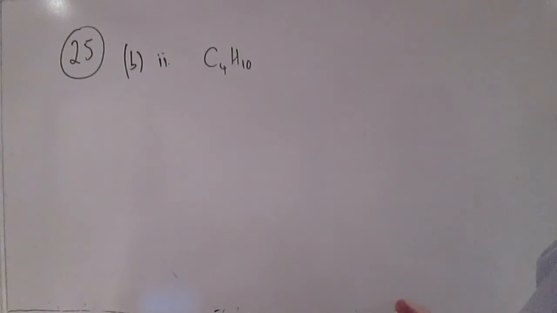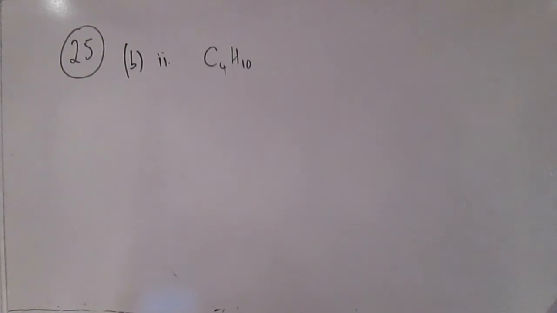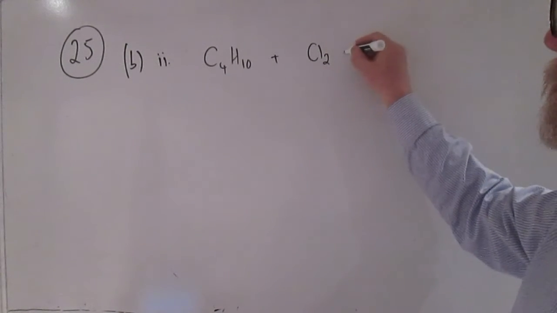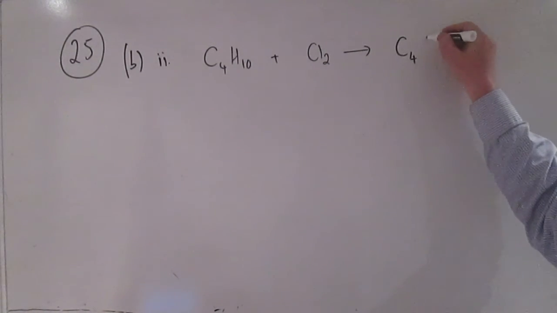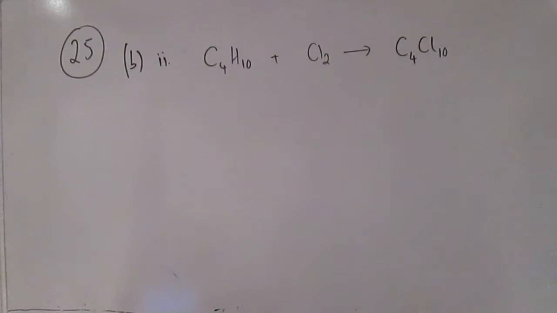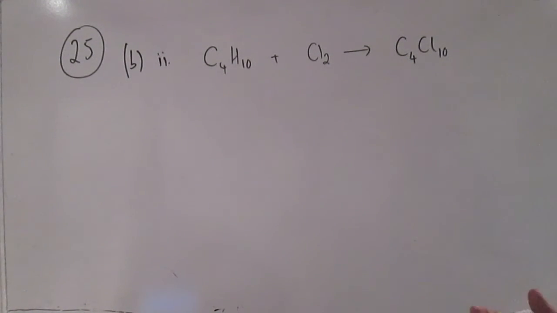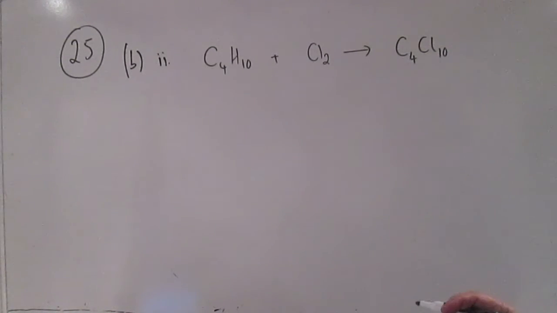In part 2 then it's asking us, well, what if you don't just substitute once but you keep on reacting with chlorine until all of the hydrogens have been substituted, and so you're going to react with more than one chlorine to give you not C4H10 but C4Cl10. Well, what you have to remember is that because of the way that mechanism works, every chlorine that goes in produces an HCl as well.